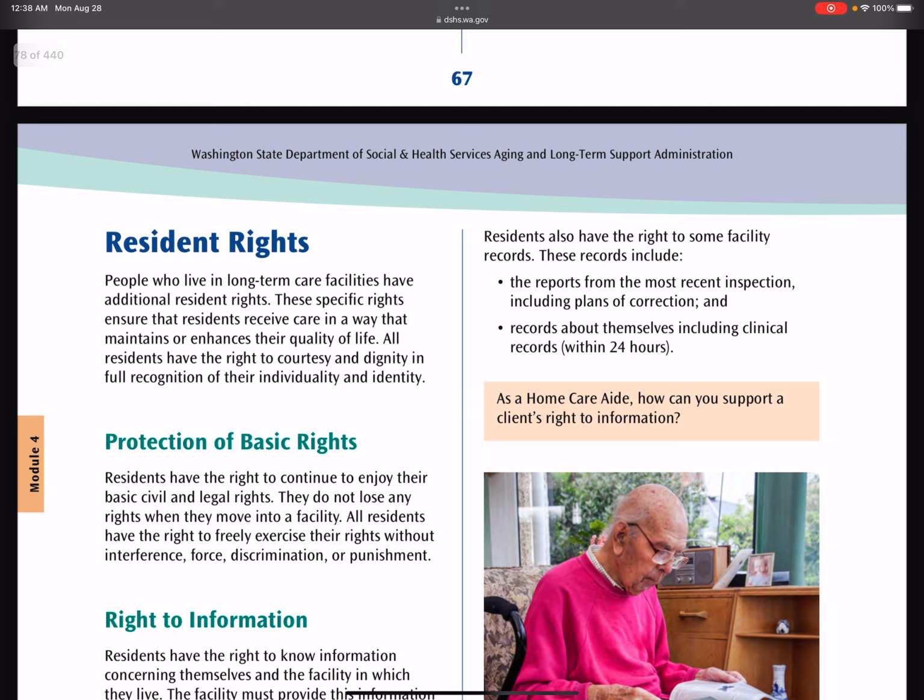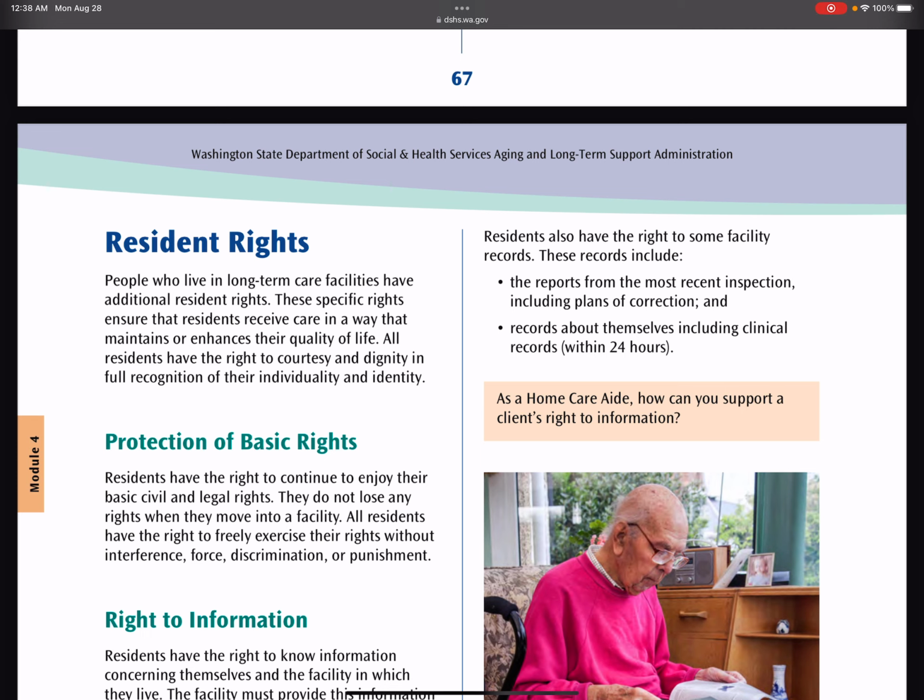Okay, now let's talk about resident rights. Protecting basic rights: all clients have the right to freely exercise their rights without interference, force, discrimination, or punishment.